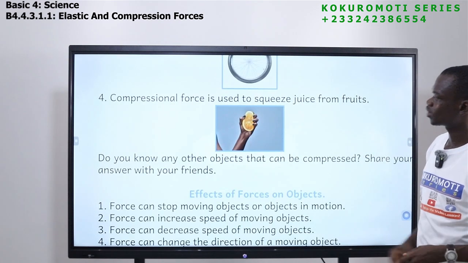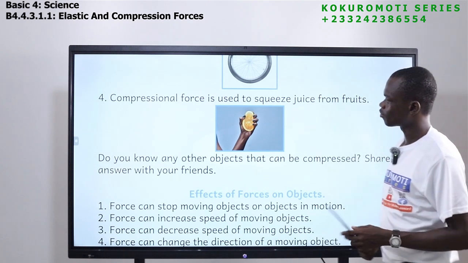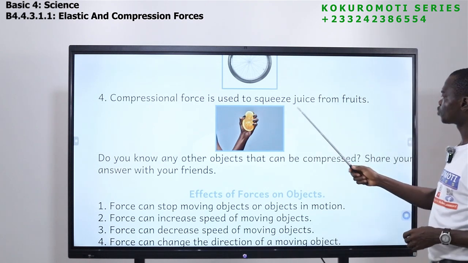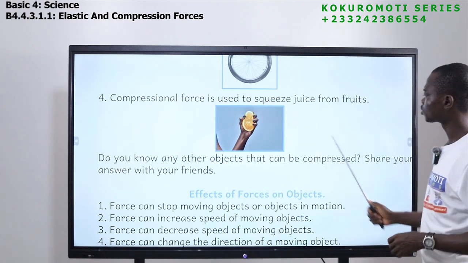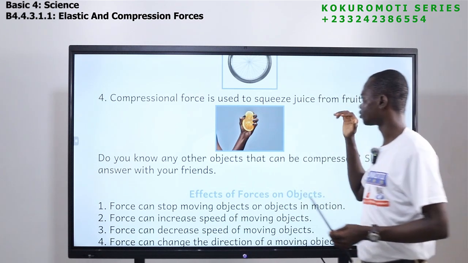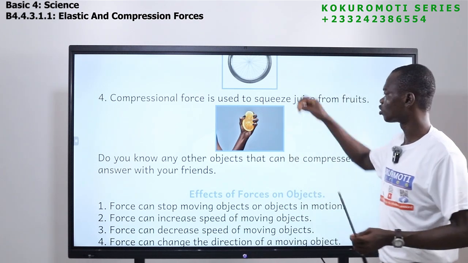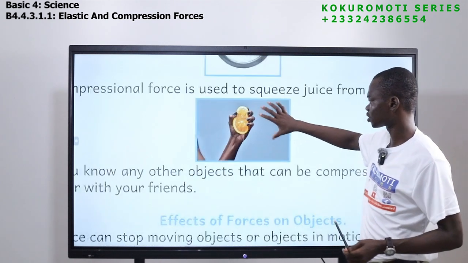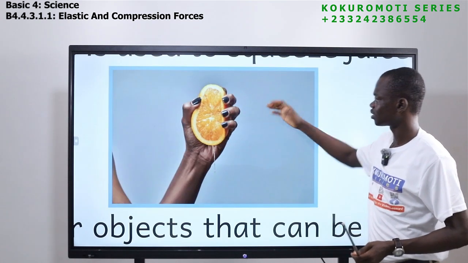Okay. The next one is number 4. Compressional force is used to squeeze juice from fruits. So we are able to press fruits to get the juice because of what? Compressional force. Have you seen it?